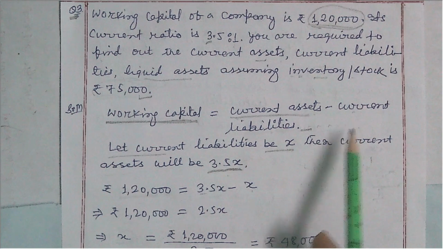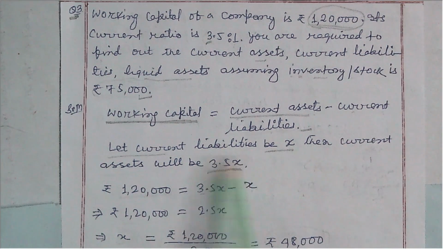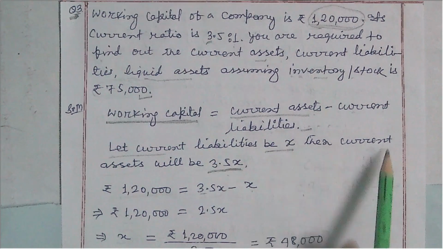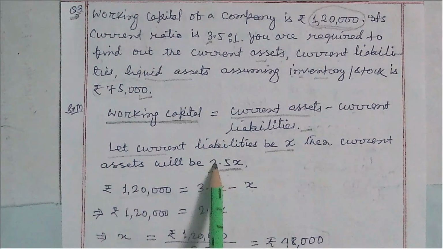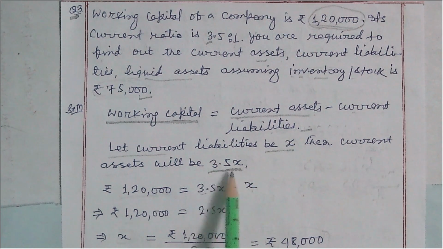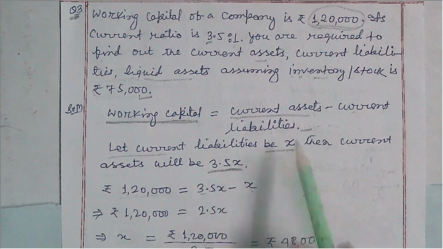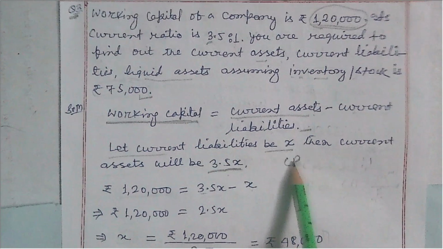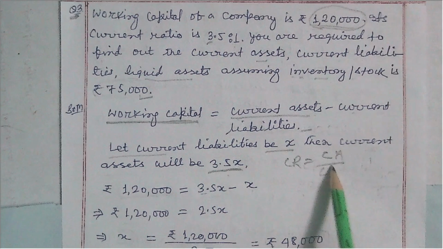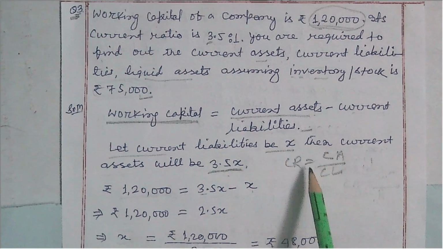So on that basis, let current liabilities be x, then current assets will be 3.5x. This is based on the current ratio formula, that is, current ratio equals current assets by current liabilities.